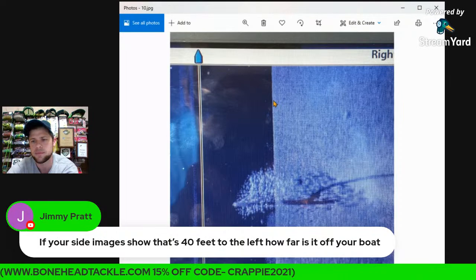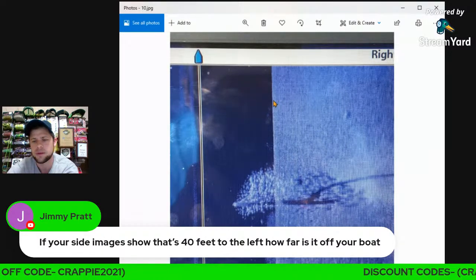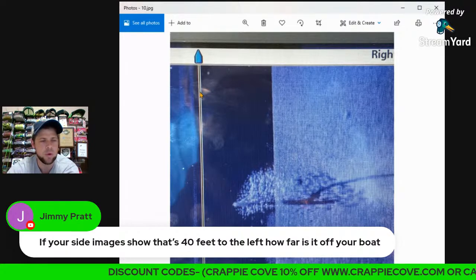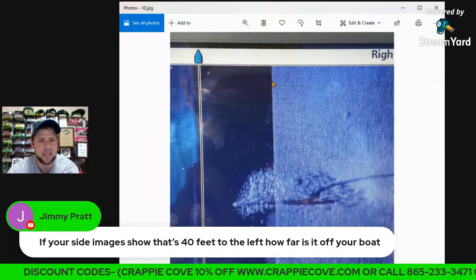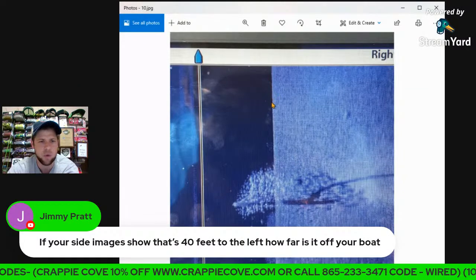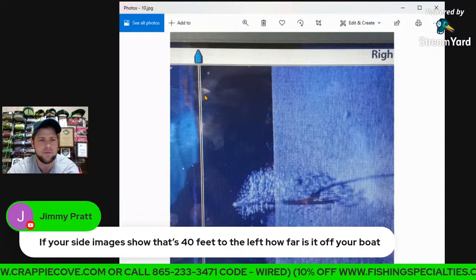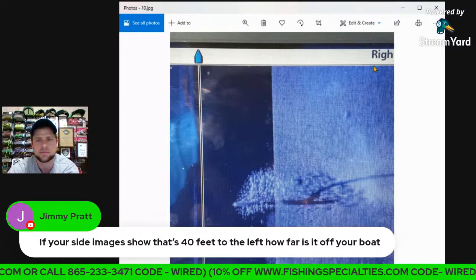Okay. So if that line there is 40 feet, then that line starts 40 feet from where your transducer is.